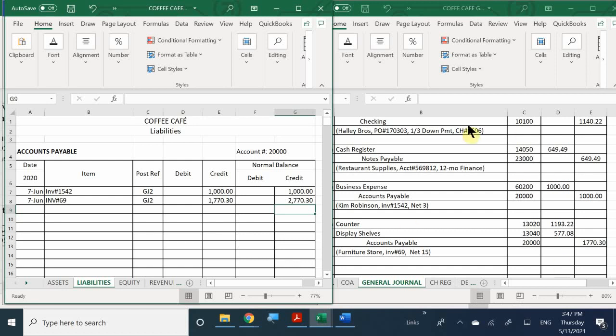And that's exactly what I did here. I take a look at my previous amount, and because I started out with 1,000 and I'm increasing it by another 1,770, my overall balance is going to be $2,770.30.